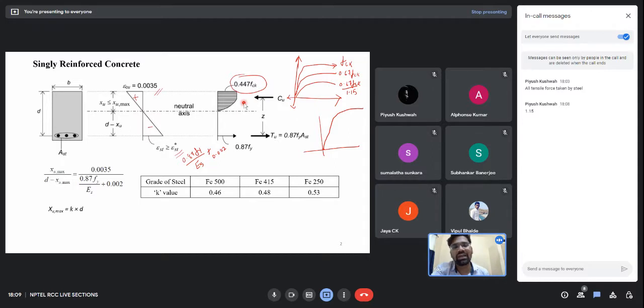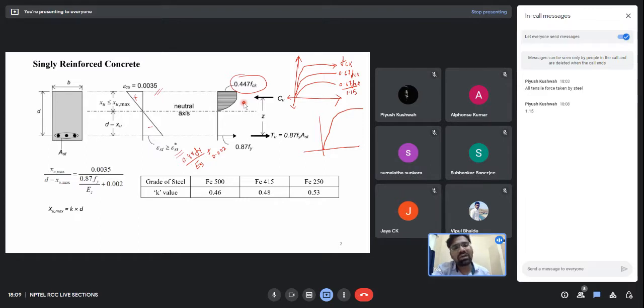Please remember these two diagrams. Similar diagrams you will be using for all other sections, whether singly reinforced, doubly reinforced, flanged beams, T beam, L beam, whatever it may be, because the materials we use in these different types of beams are nothing but concrete and steel.